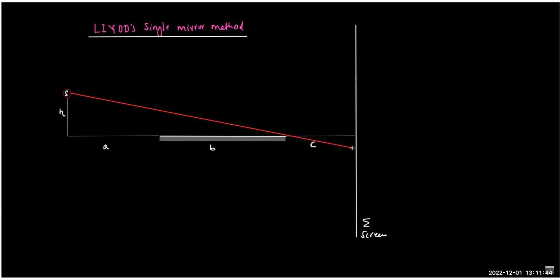But the moment you hit the mirror, the light cannot go below, rather it will reflect from here and will reach some point here, right?